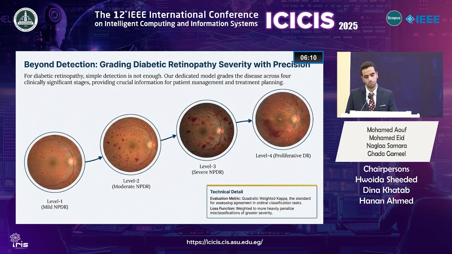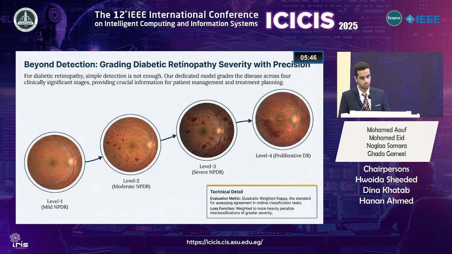Okay, so as we see here, this is DR. We will focus on it because this is the only one where we are talking about 3 or 4 levels. We have the first level, the second one, and the third one.